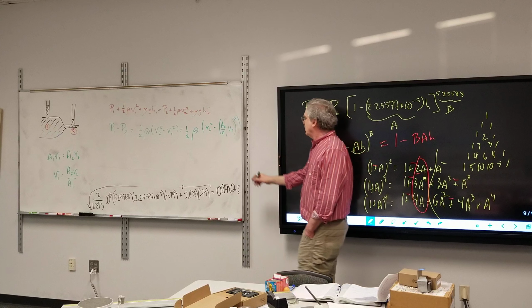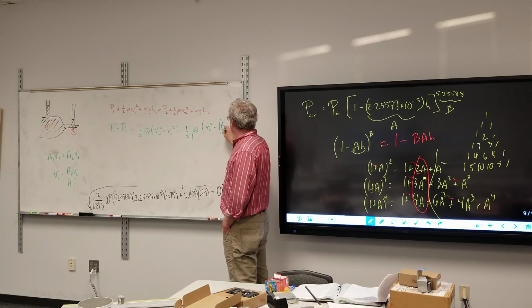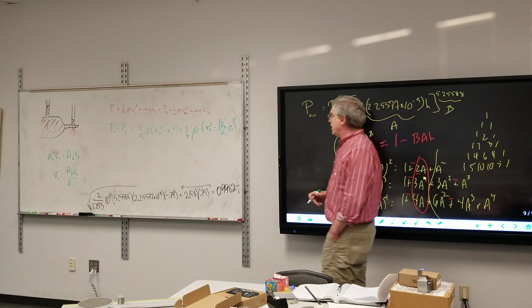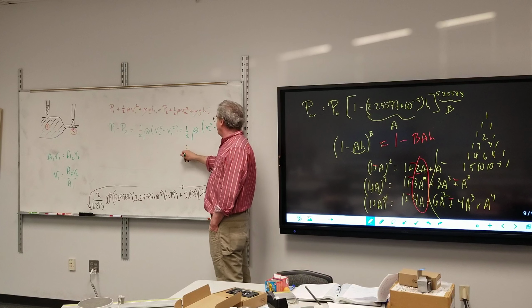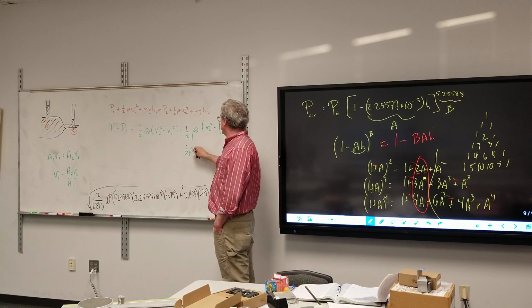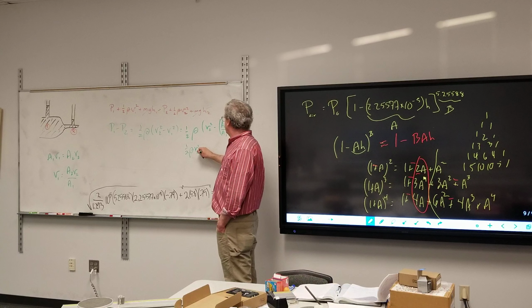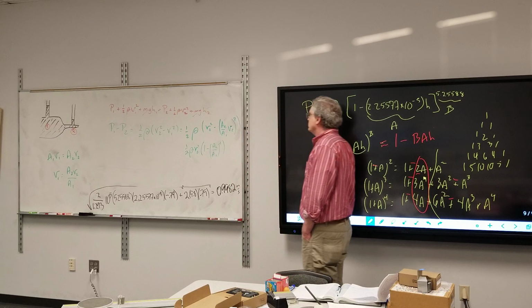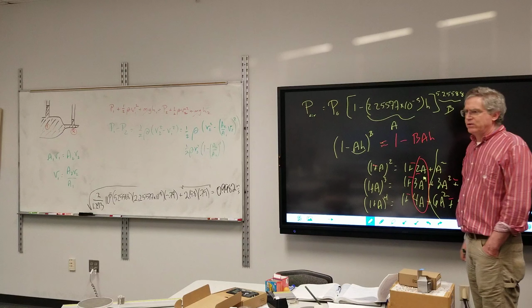My V's and R's are looking too much alike. I can factor V2 squared out. So I'll get 1/2 rho V2 squared times 1 minus (A2 over A1) squared. And that's equal to the difference in the pressure.